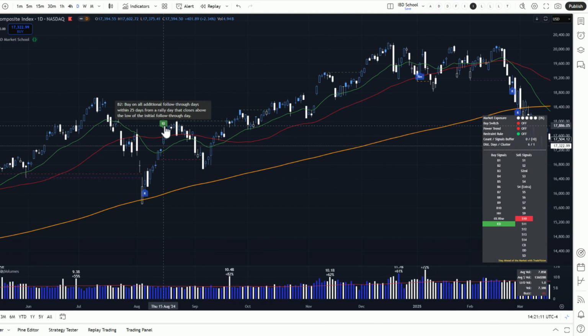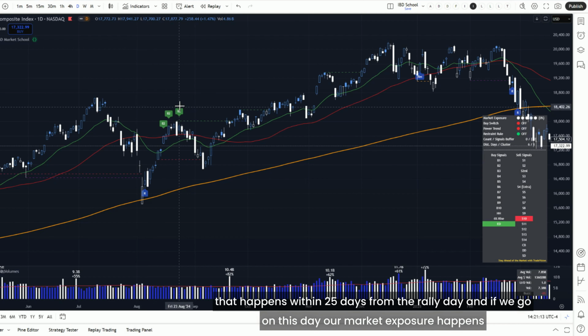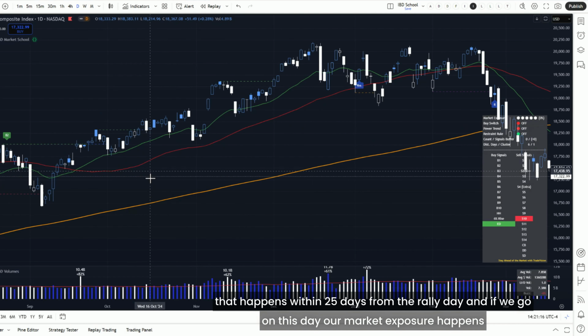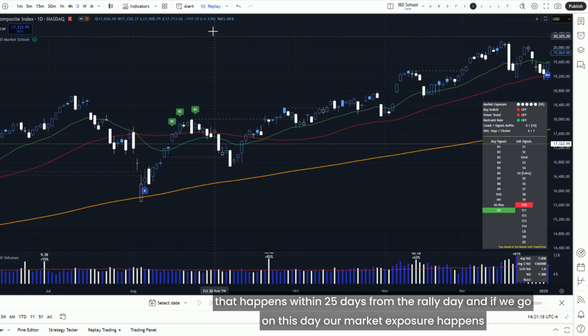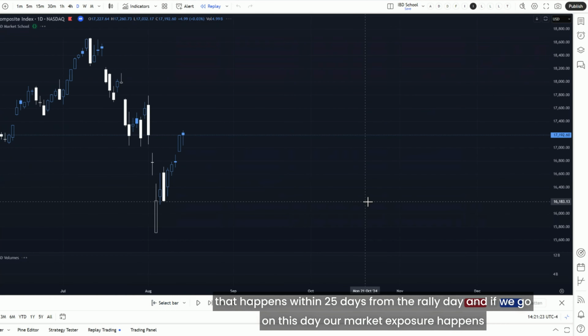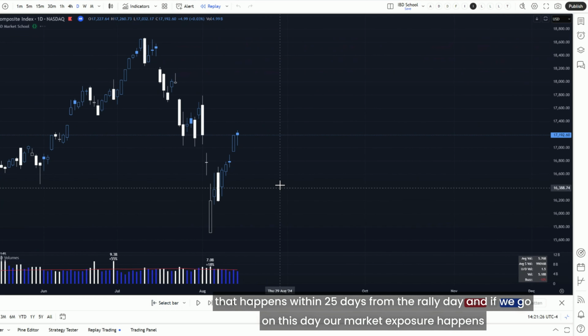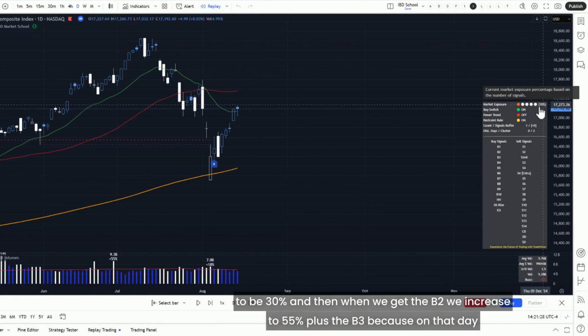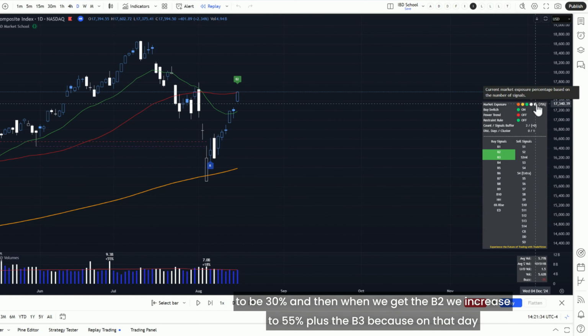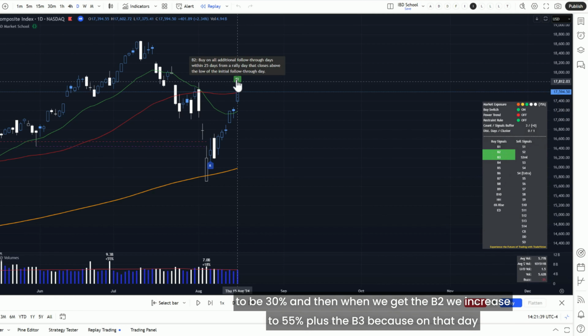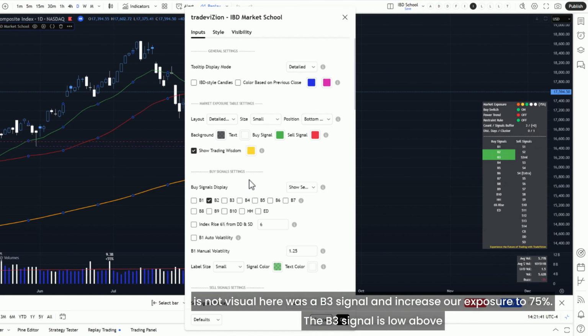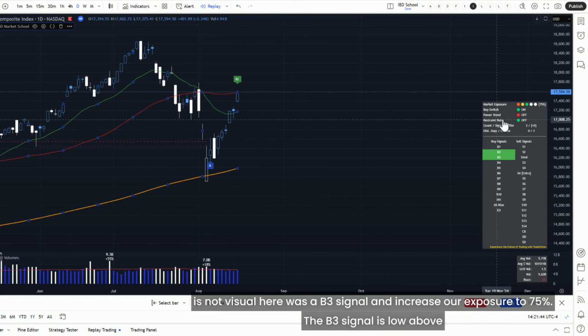So here we have the B2 that happens within 25 days from the rally day, and if we go on this day, our market exposure happens to be 30%, and then when we get the B2, we increase to 55% plus the B3, because on that day, not visible here, was a B3 signal, and increase our exposure to 75%.